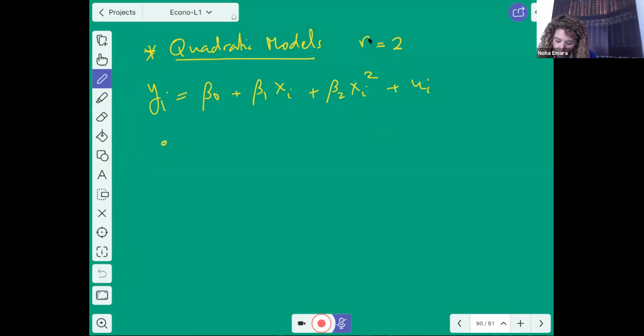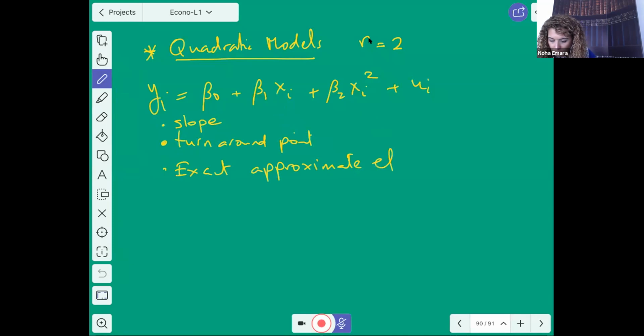We want to talk about a turnaround point. I want to talk about the slope, actually, before the turnaround point. What's the slope of this relationship? What's the turnaround point? And I want to talk about the exact versus approximate effect. Those are very important points when it comes to a quadratic model.